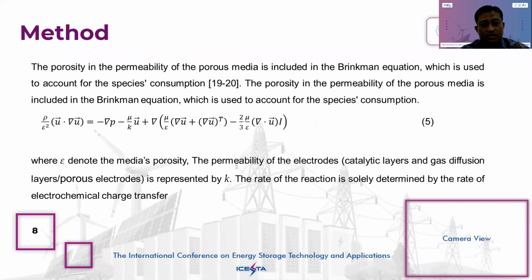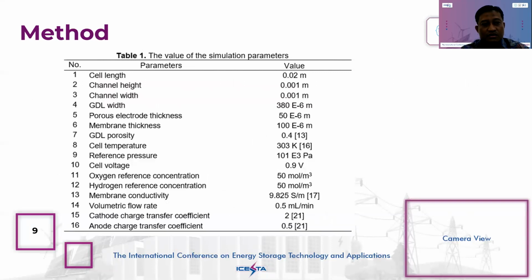We use the Brinkman equation to get the porosity and the permeability of the porous media in the fuel cell. And this is the simulation parameters. We use some parameters like that.